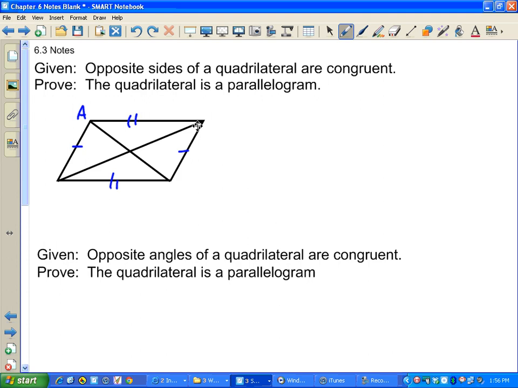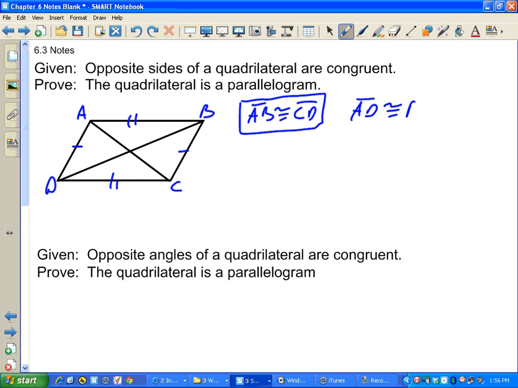So let's call this A, B, C, and D. So I'm given that AB is congruent to CD. I'm also given that AD is congruent to BC. Okay, because that's also a set of opposite sides. So these are my givens.